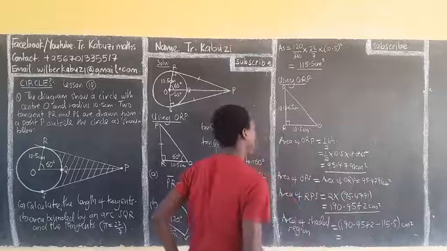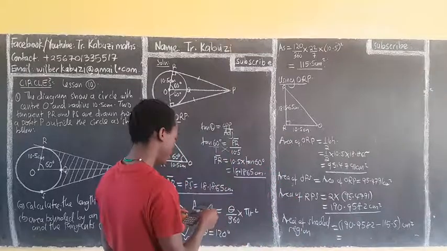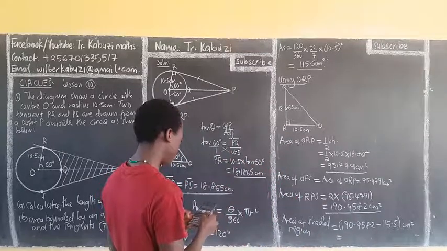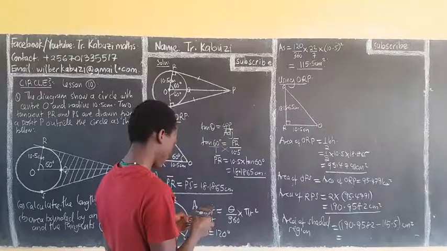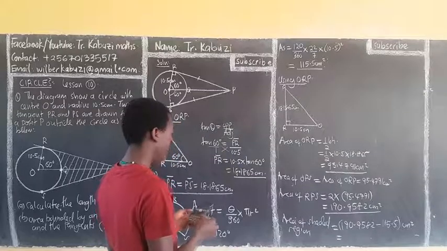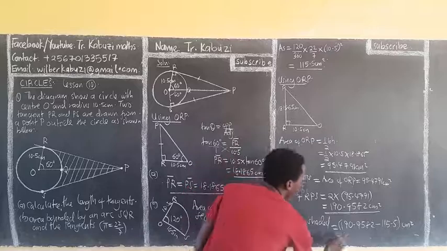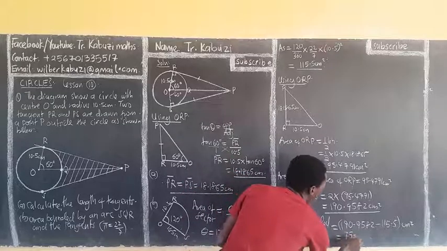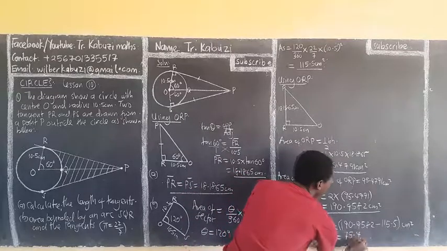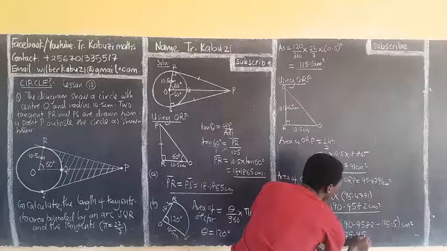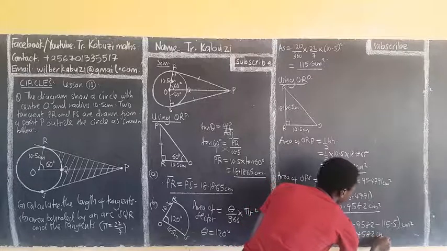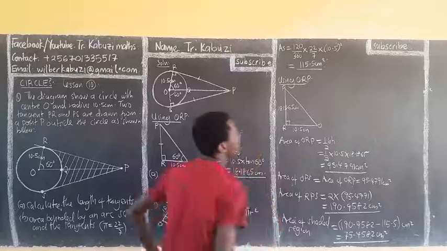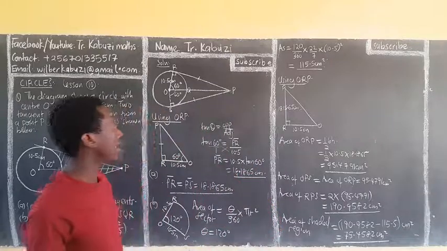So now our area of the shaded region is going to be 75.4582 centimeters squared. And so that's how we handle that, members.